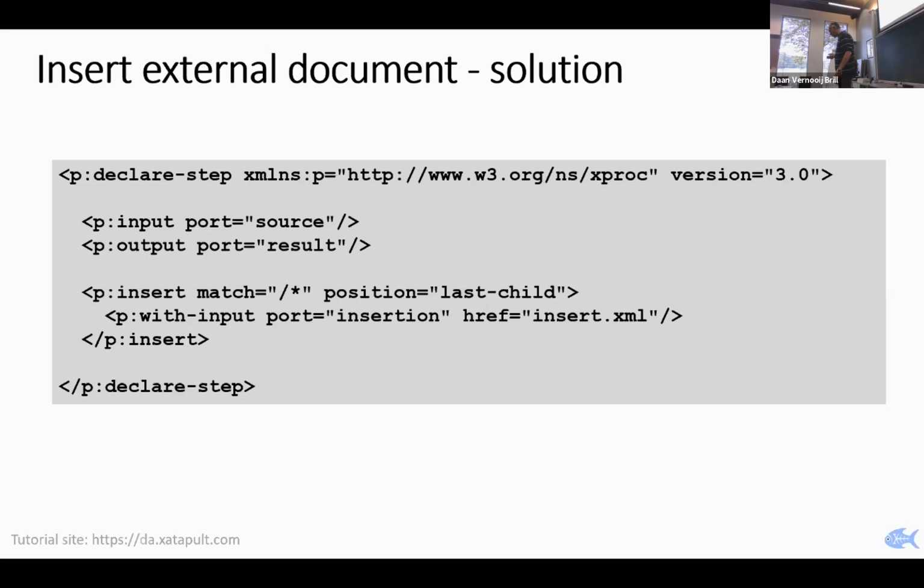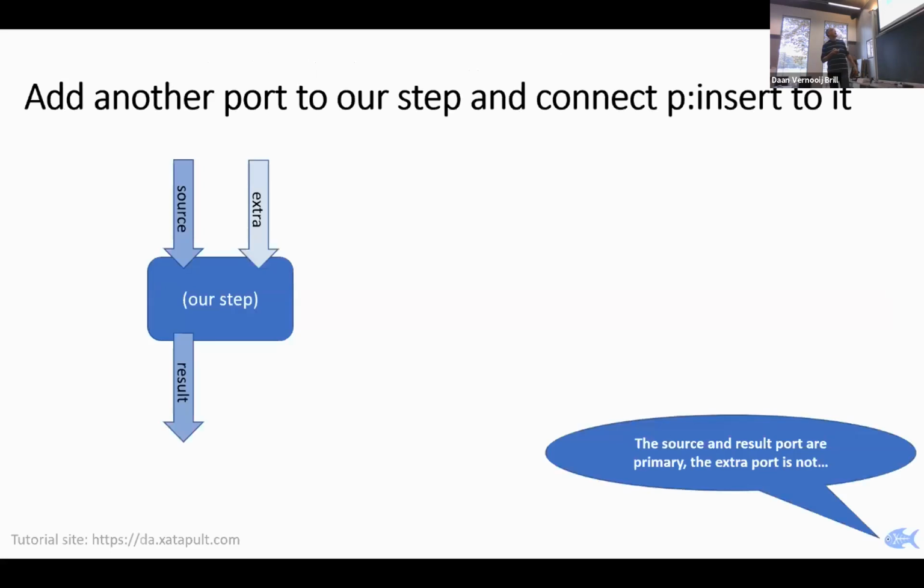All right. So let's get into somewhat deeper waters and see what we can do by connections inside your pipeline, because whatever you do in your pipeline, you can explicitly connect to stuff. We're going to do that, relatively simply, by adding another input port to the step we are creating.